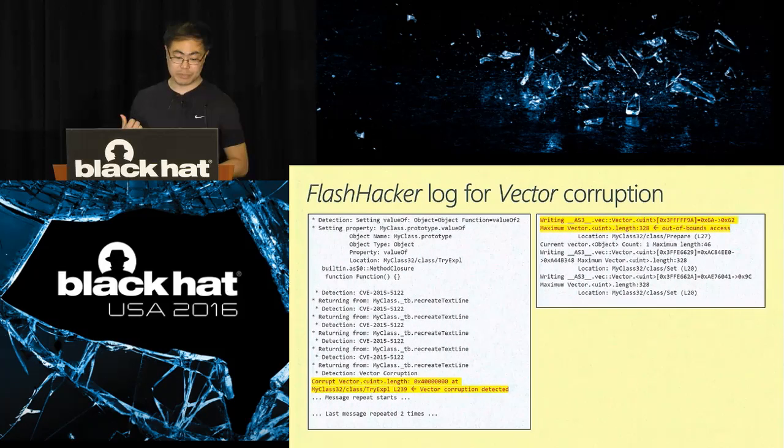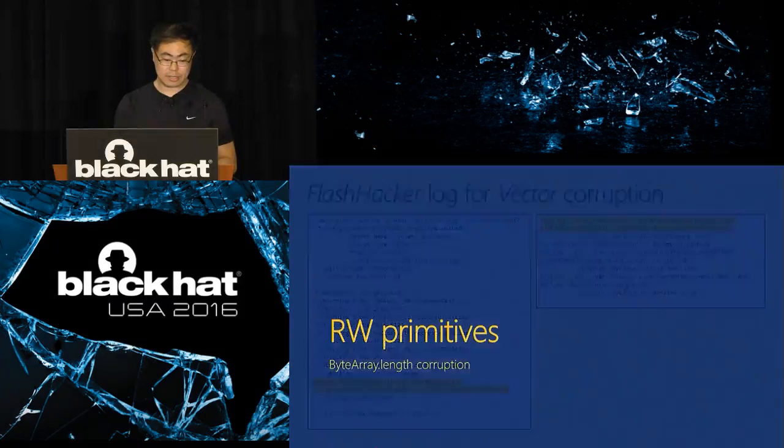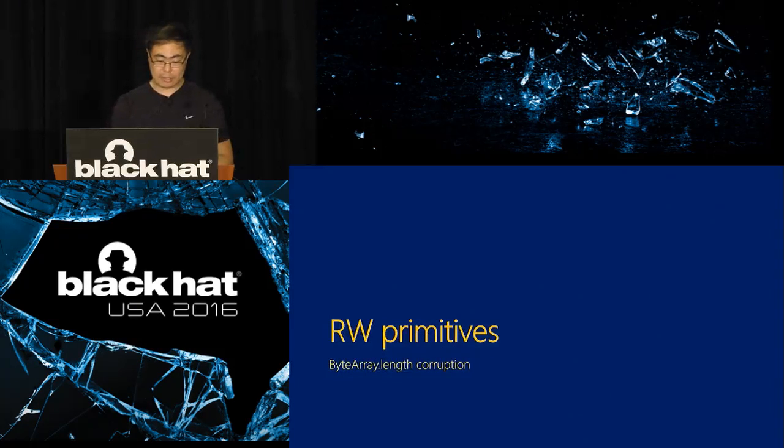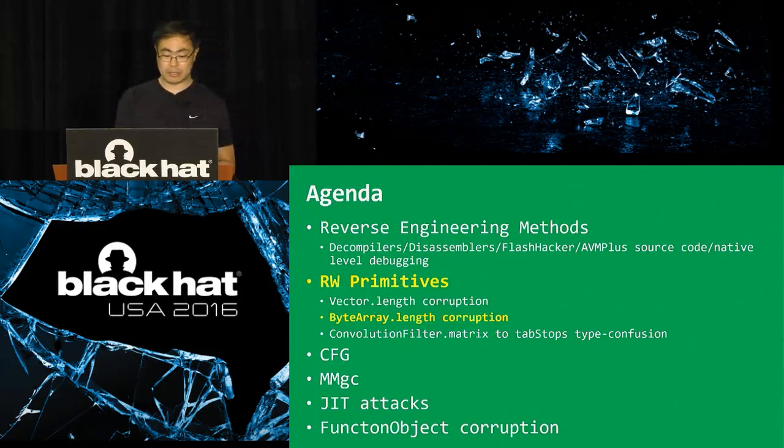In this case, it's corrupted to 4,000,1000, it's a ping number. And the exploit will use this RW primitive to access the other internal object inside the process.